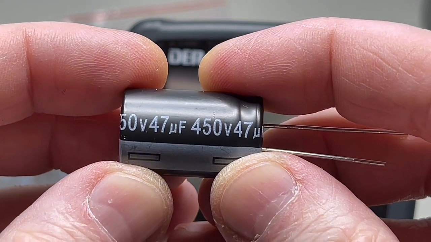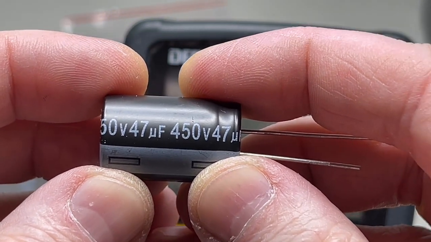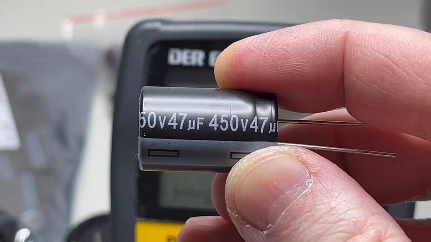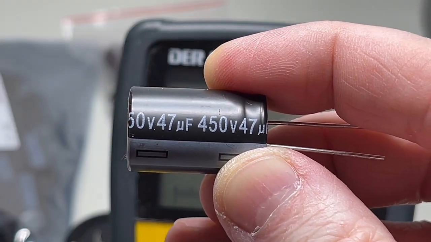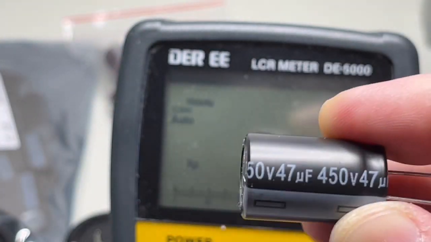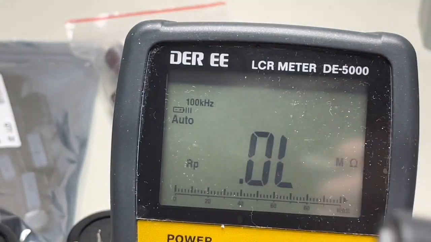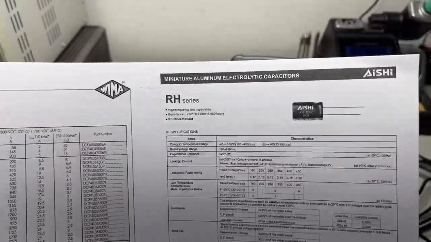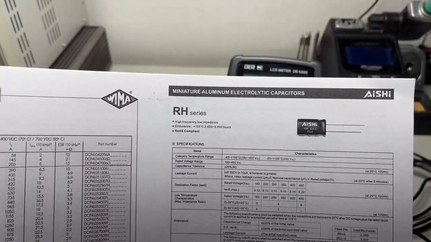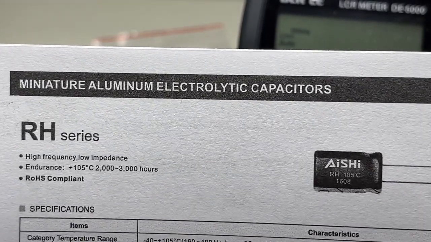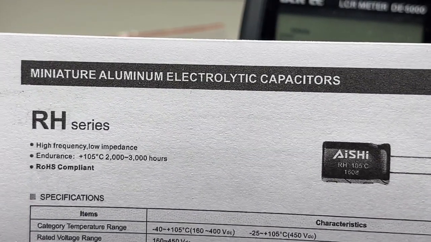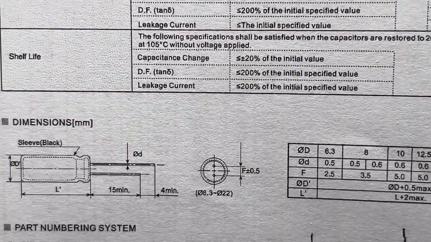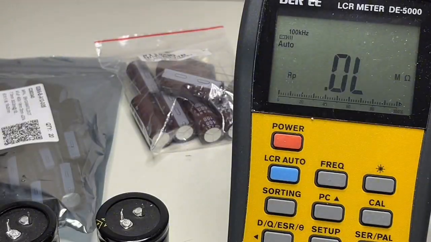That means I have to take 2 of them in series to reach the 900 volts and to have the capacitance at more or less 23 something microfarads, near enough to that. So let's take a look at the data sheet. This is the Aishi datasheet. High frequency, low impedance, blah, blah, blah. It doesn't specify the impedance at 10 kilohertz, but we will check it now.